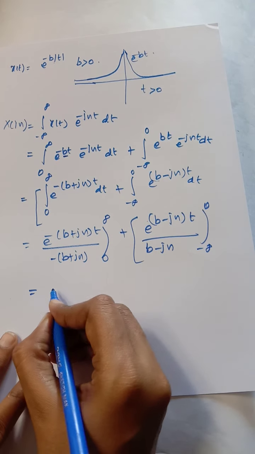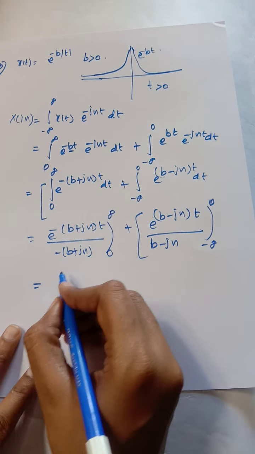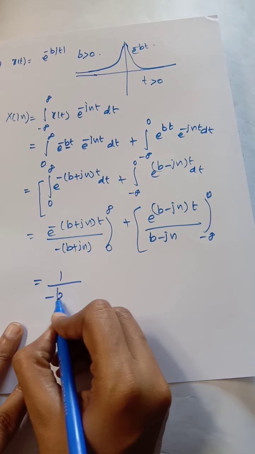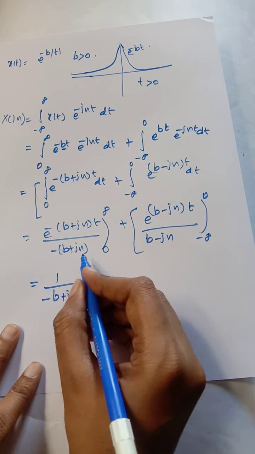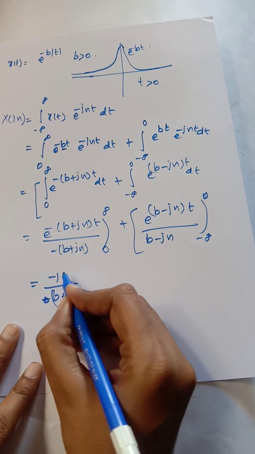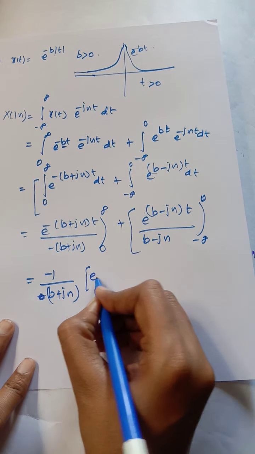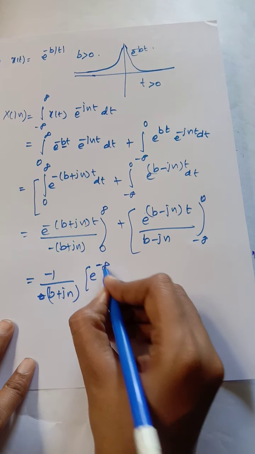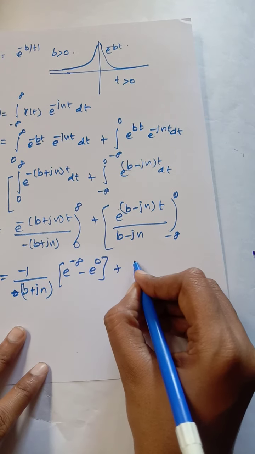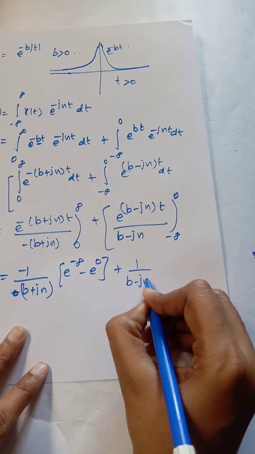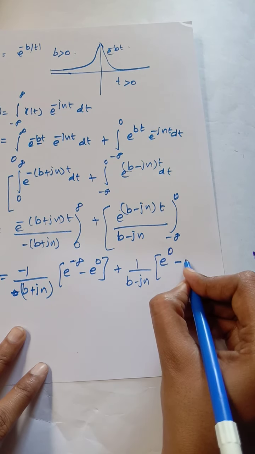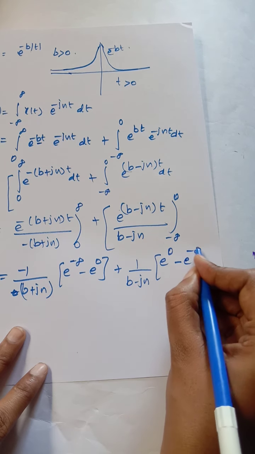So here when you integrate this and apply the limit, what you will get is, sorry, here I will write minus 1 by b plus j omega, e power minus infinity minus e power 0, plus 1 by b minus j omega. Here e power 0 first, then e power minus infinity next.